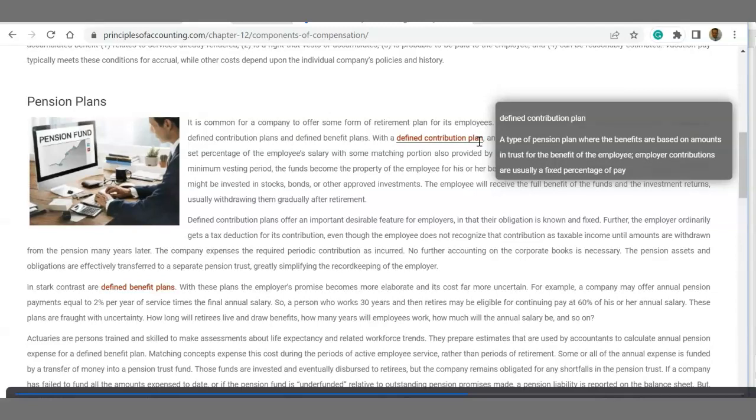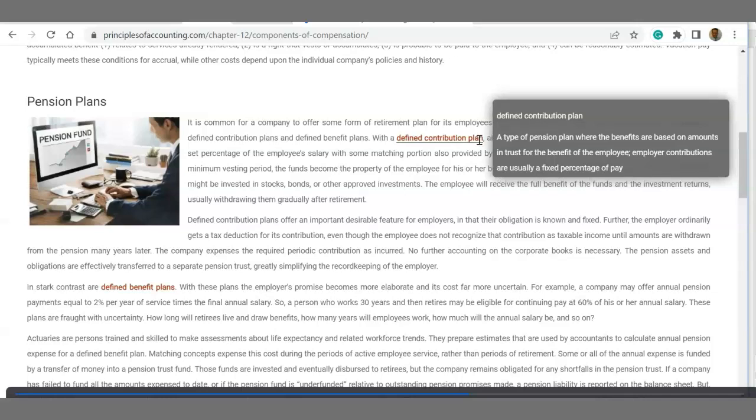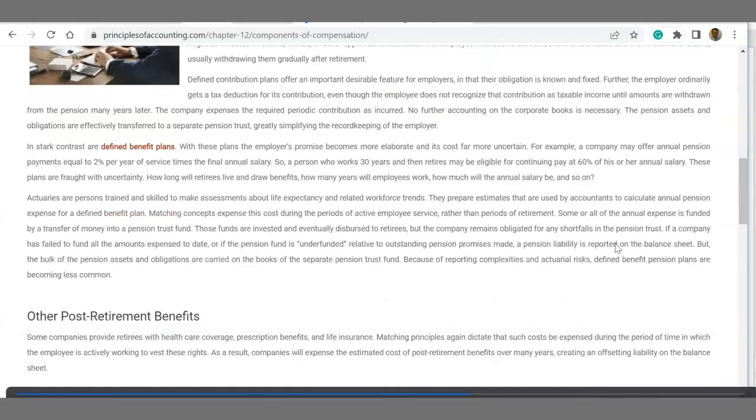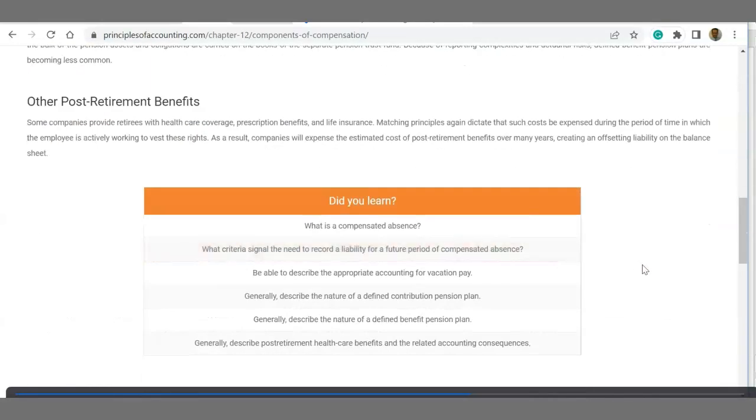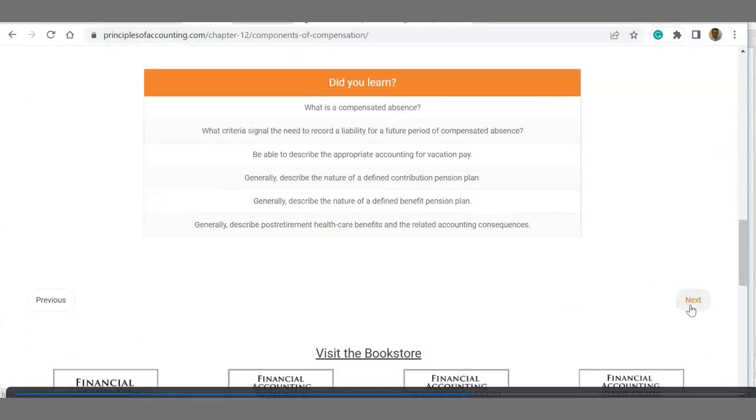But whatever the employees will get at the end, that's whatever it is. Employer has no concern about that. They don't care. Whatever it is, it is. Okay.